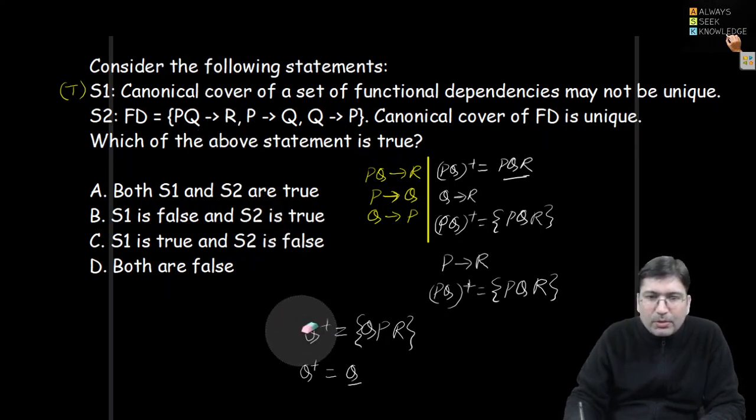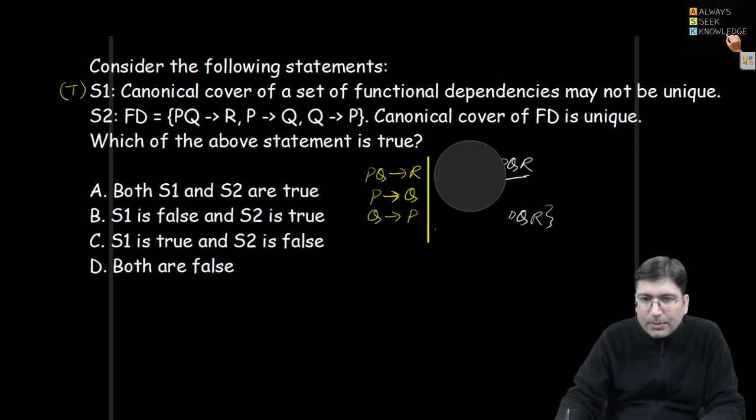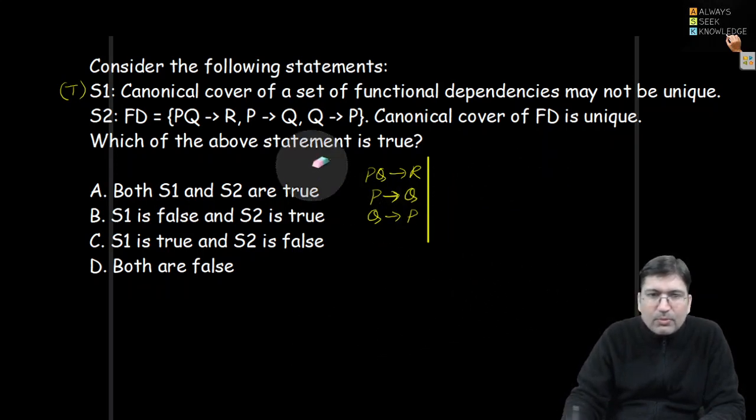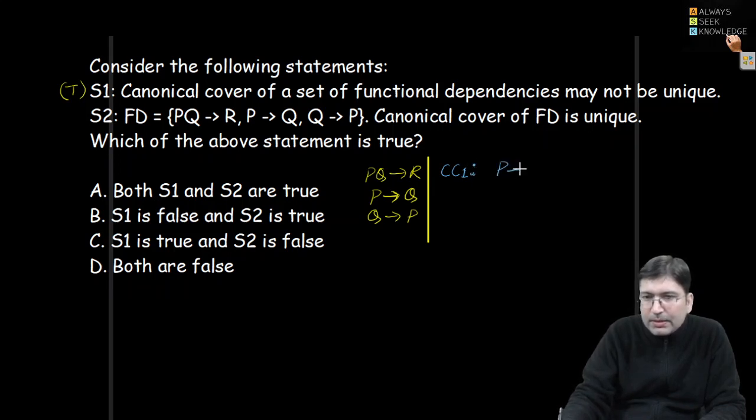So what will be the canonical cover now? Canonical cover is the minimal set or optimal set of functional dependencies which will be equivalent to the previous set. So I'm writing here canonical cover, like CC1. The very first possible canonical cover can be P implies R, P implies Q, and Q implies P, right?